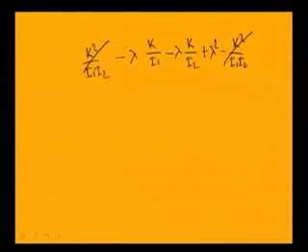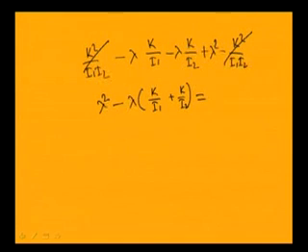So, this equation becomes lambda square minus lambda, if I take common, k by I1 plus k by I2. So, the characteristic equation reduces to lambda square minus lambda into k by I1 plus k by I2 equal to 0.